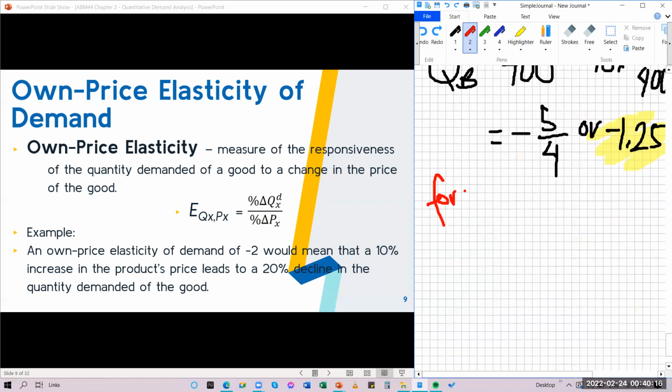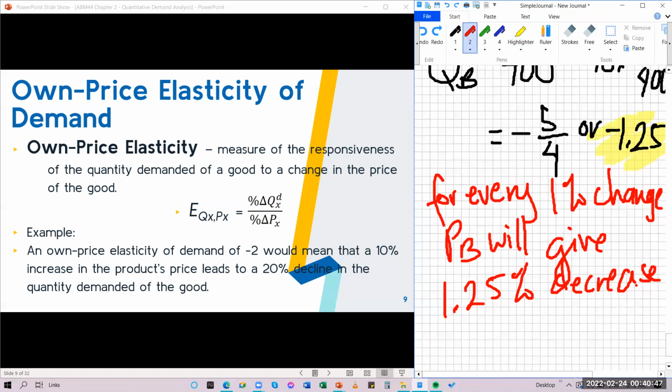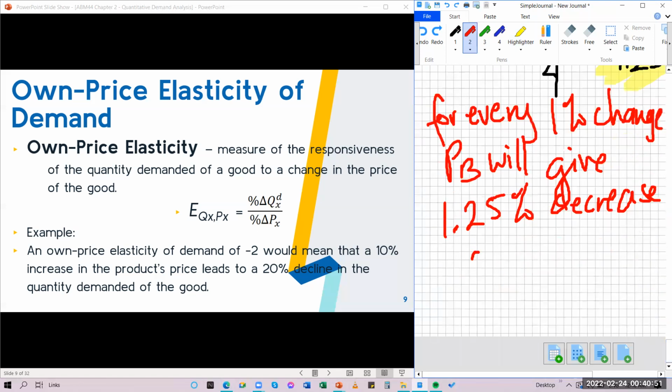We could say that for every 1% change in your price of beer, it is again a negative, will decrease, will give 1.25% decrease of quantity demanded.